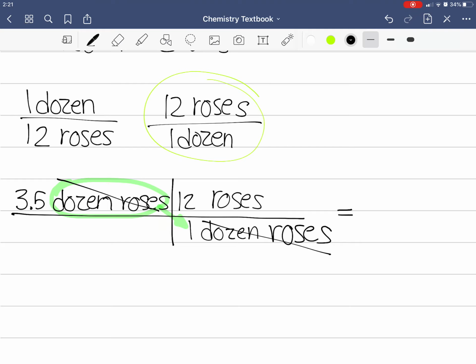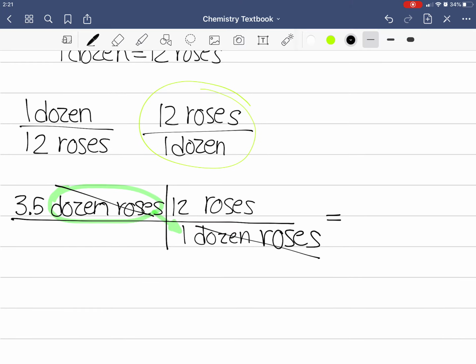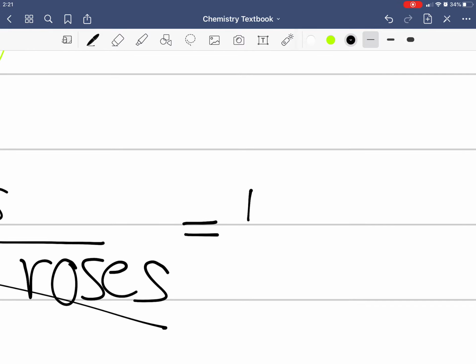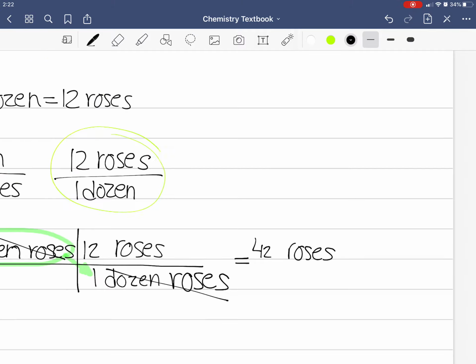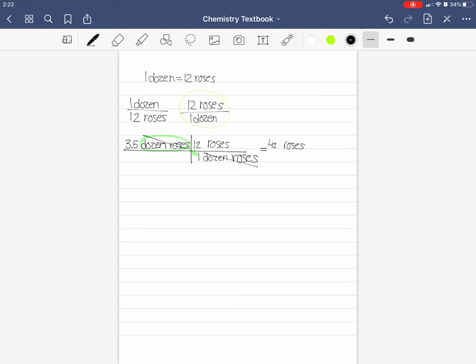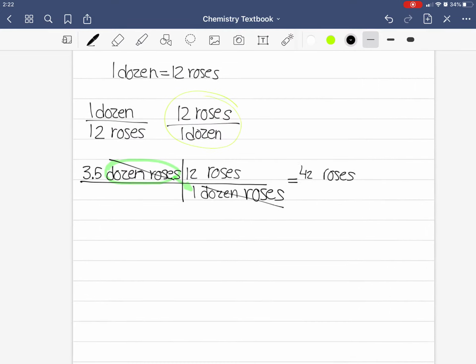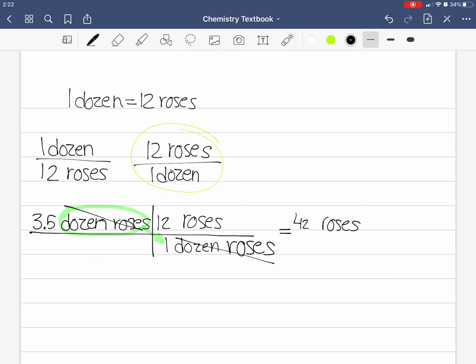So I'm going to multiply across and then divide by the bottom. But anything divided by 1 is still that number, so I'm just going to leave that one out. So 3.5 times 12 should be 42. So I'm going to write 42 roses. Okay, so that's how I would convert between moles. Well, actually not moles. Right now it would be dozens and roses.